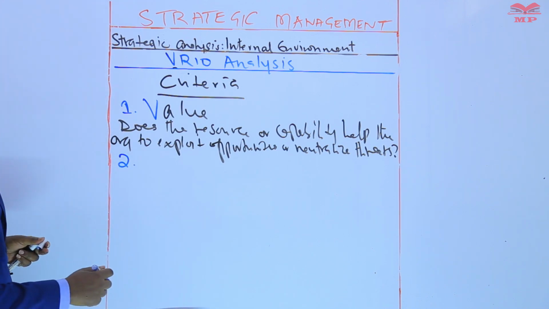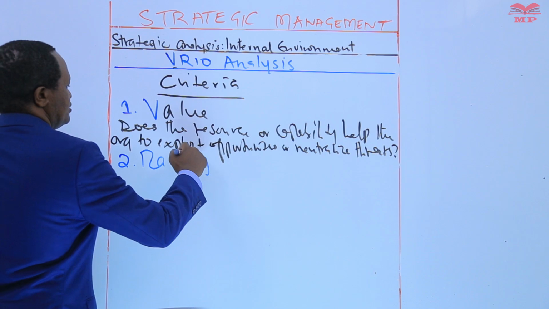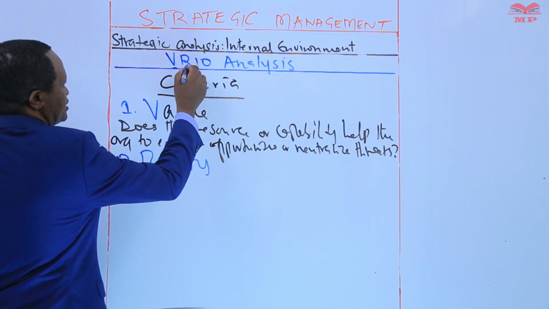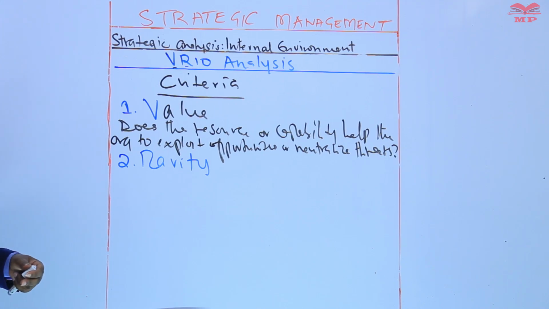The second criteria is rarity. This R stands for rarity, from the word rare.